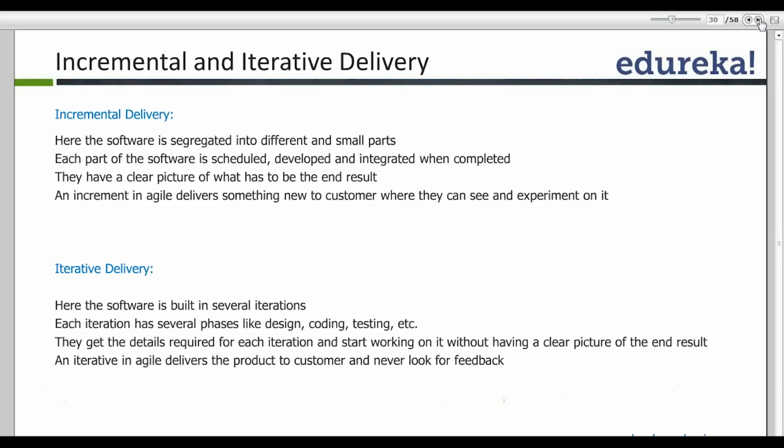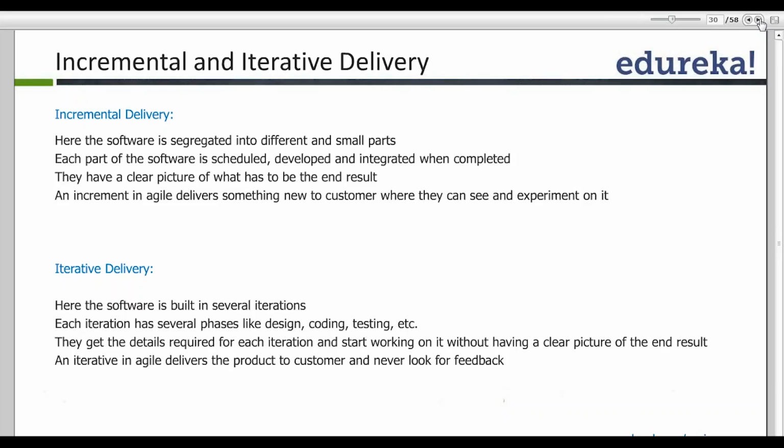Iterative delivery means that the software is built in several iterations. Each iteration will have design, development, testing, etc., and we get the details of the iteration as we move forward.